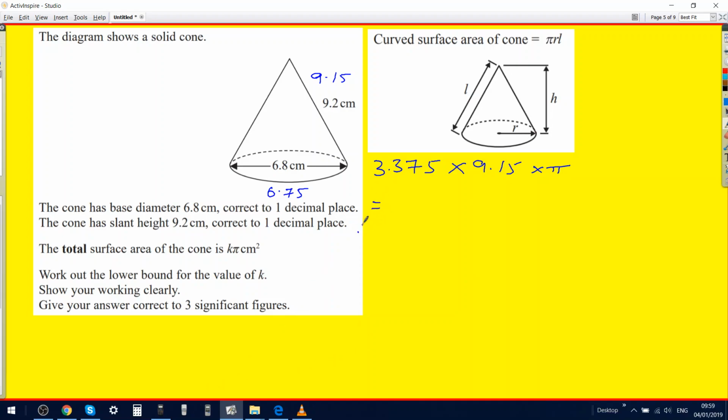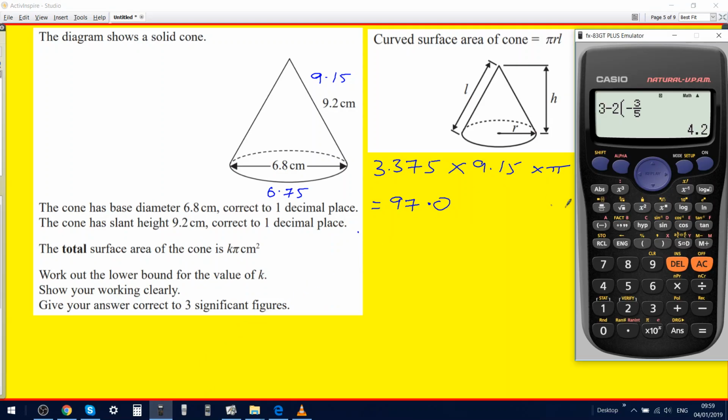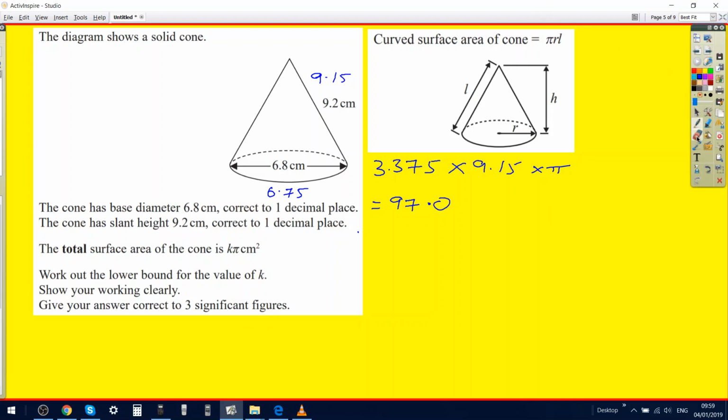And they want it. Or no, go on. 97.0, is that it? Yeah, so they want it in terms of pi.